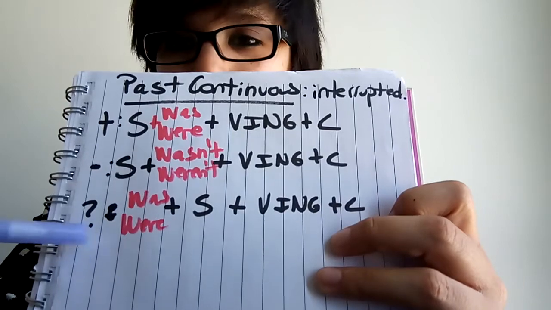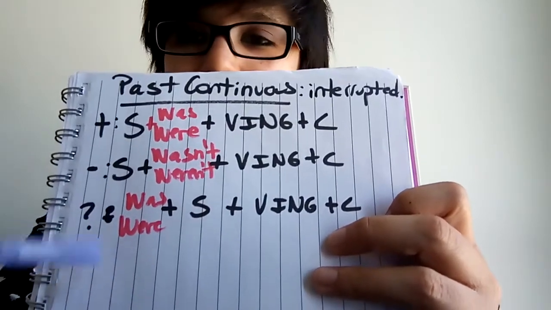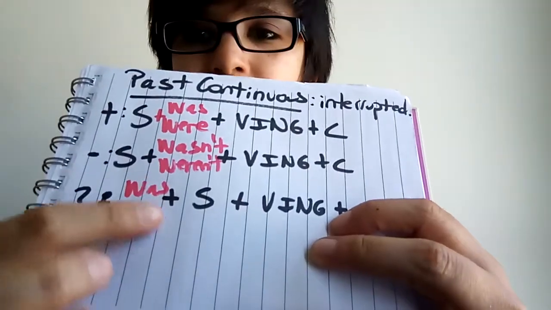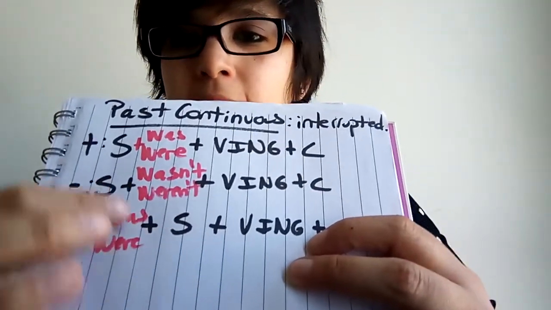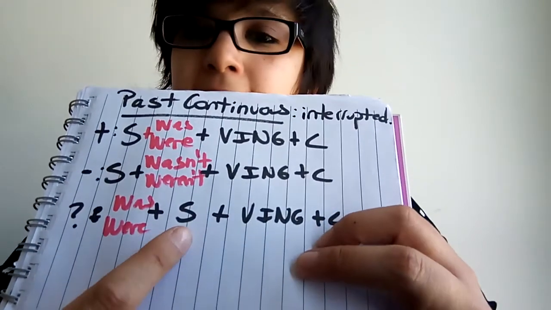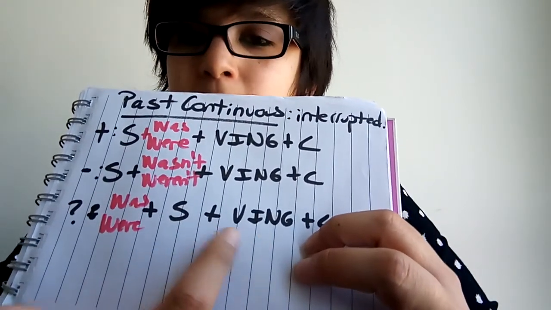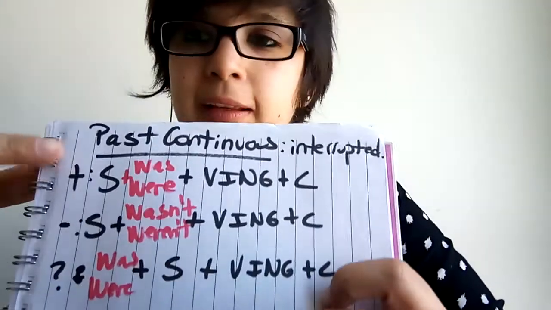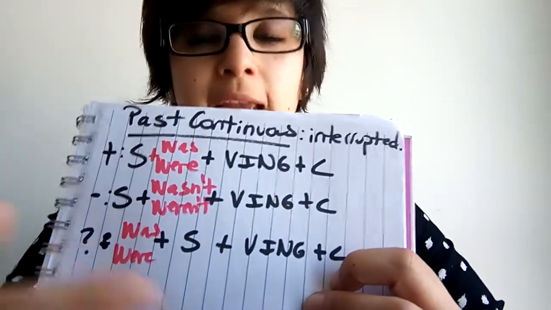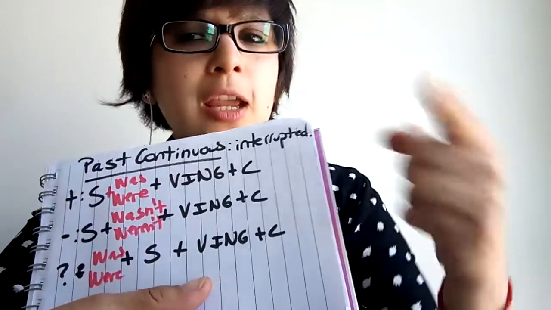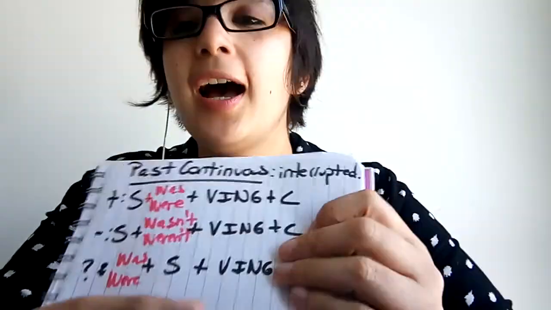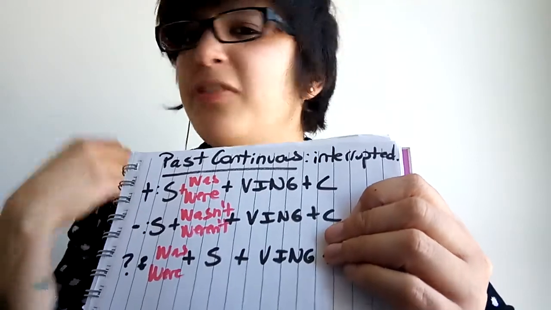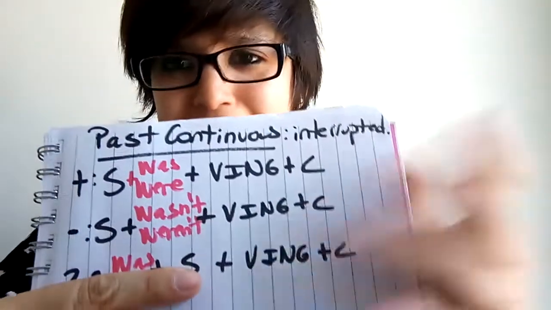And the last one is the question. Remember that in the question we have to invert the order. So we start with these red words that are was and were, then the subject, the verb with ing, and the complement. For example, in the case of positive, he was singing, you were studying, I was fighting for my rights.